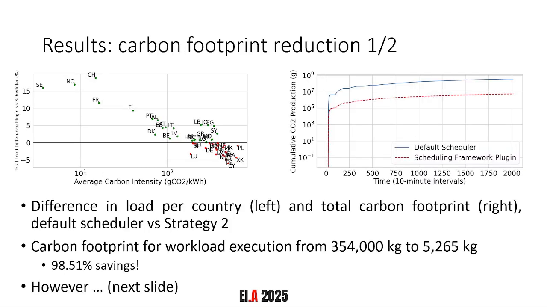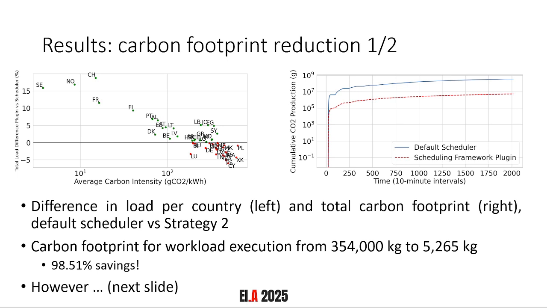Well, strategy two limits the execution of jobs powered by the local main grid only to microgrids where the main grid is quite green in terms of carbon footprint, so the result is that we save 98.5% of carbon footprint. Wow, that's incredible.